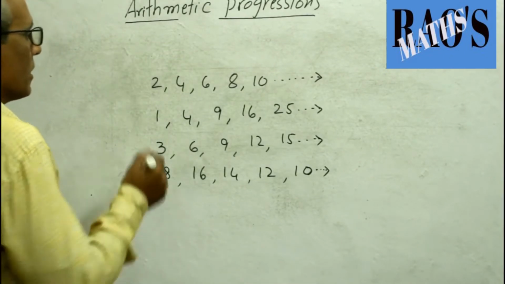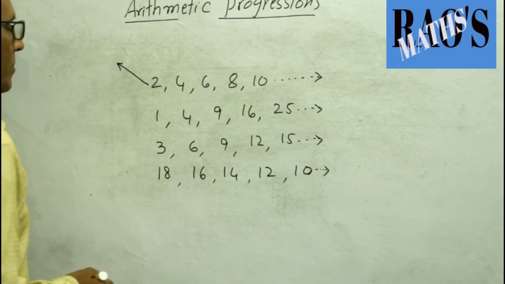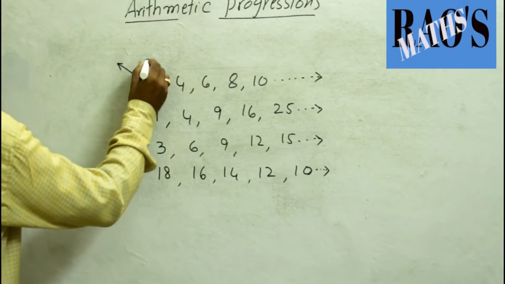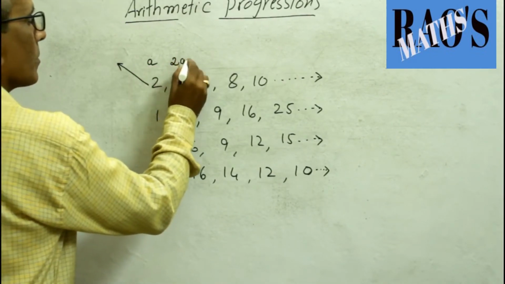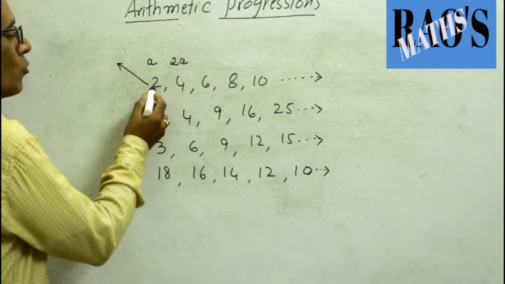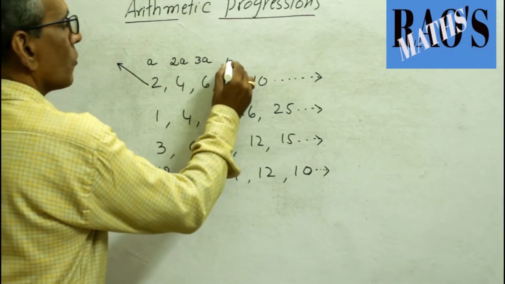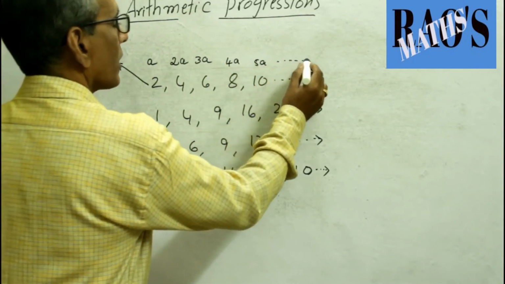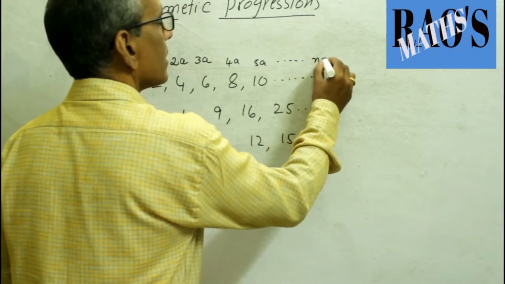Let's take the first sequence of numbers, that is 2, 4, 6, 8, 10. If I take the first term as A, it is 2 times A. That is 2 into 2 value. This is 3 times A. This is 4 times A. 5 times A. If I continue writing the series, what is the nth member in the series?